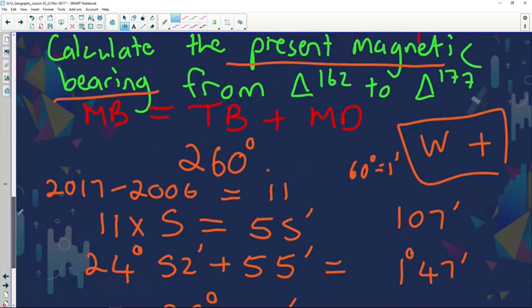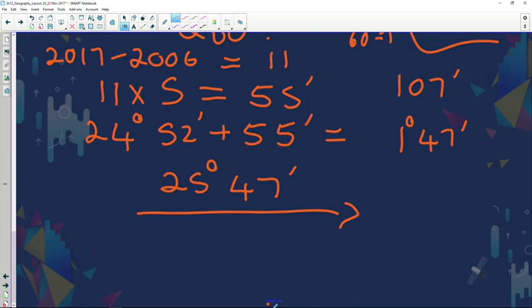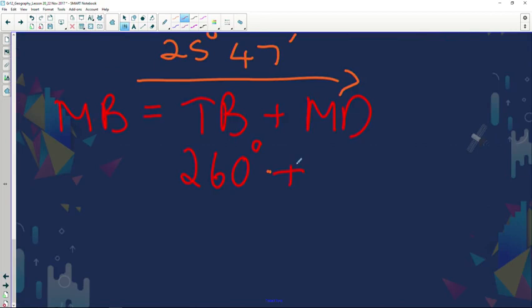Now let's move back to our formula. Let's continue writing it nice and neat over there. Magnetic bearing equals true bearing plus magnetic declination. Our true bearing was 260 degrees, and we add 25 degrees and 47 minutes west.